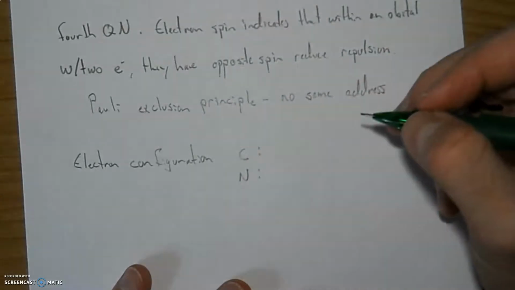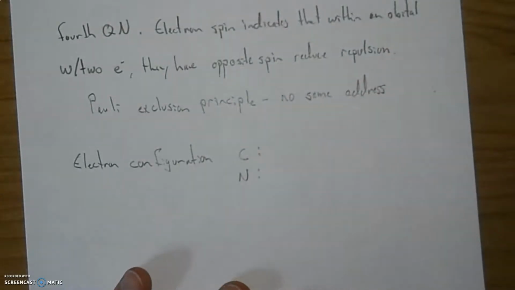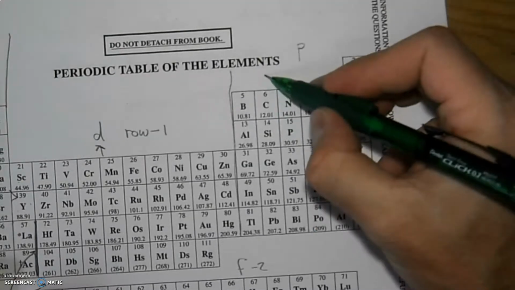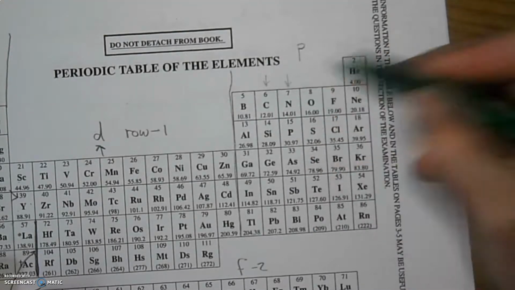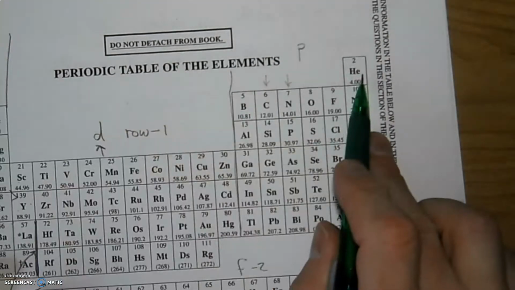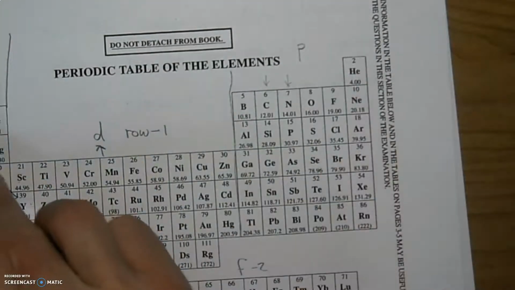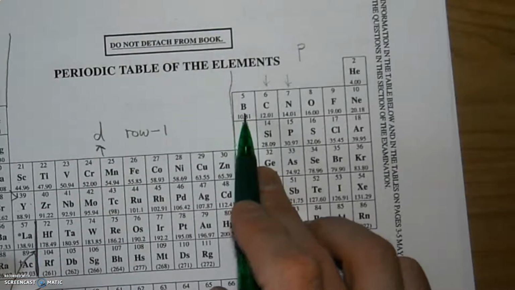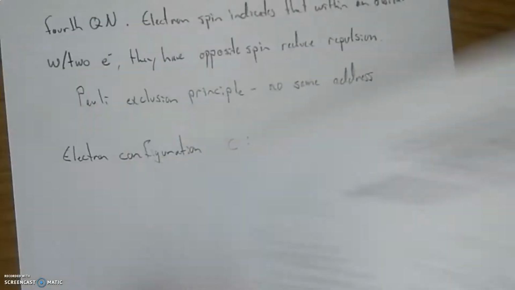And as far as the number of electrons that are found in carbon, swing this over here. Carbon's over here, it's got 6 electrons, and nitrogen's got 7 electrons. Notice as far as you have to go through energy level 1 with the S, energy level 2 with the S, and then you're into energy level 2 still, but the P's.